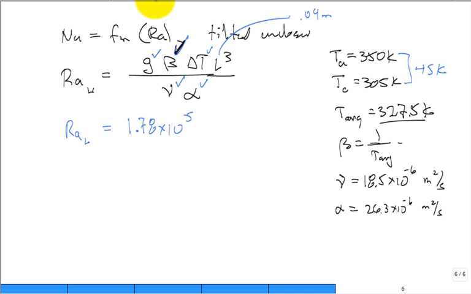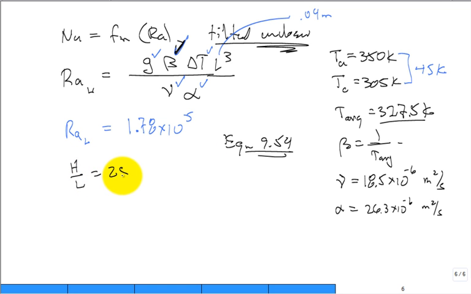Well, this correlation that you would want to use is for a tilted enclosure. And in our textbook, it's equation 9.54. It's tedious because it's so long, but you can put in the Rayleigh number. You check that the aspect ratio for this enclosure, which is H over L, is 25. It fits in that range of H over L. It's not too tilted.